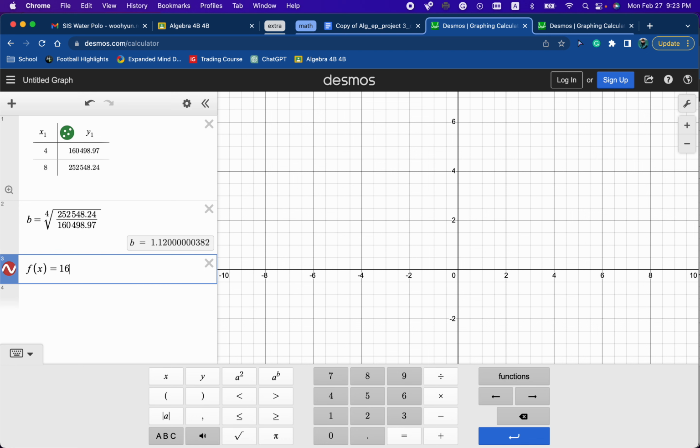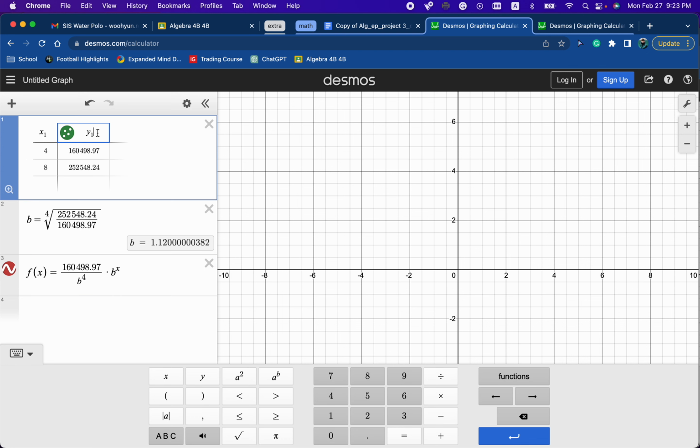So $160,498.97 divided by b to the fourth power. That's going to be the initial value, and since we found the common ratio earlier, we're going to just put b here to the x power to represent how many years have passed since the initial value. So we have a rule now, and we just got to fill out the table.